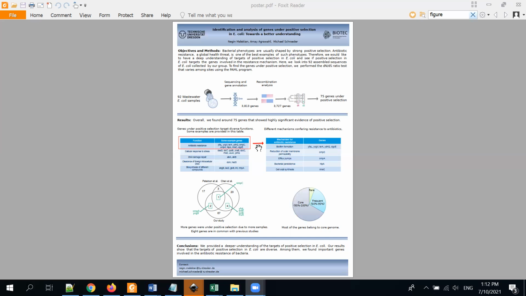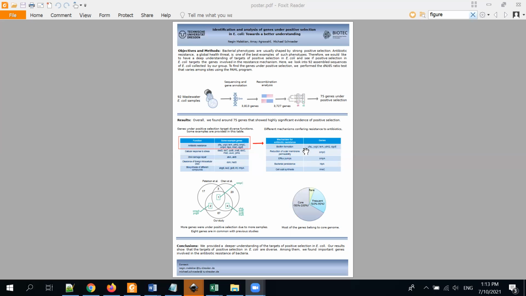So, to zoom in more on the antibiotic resistance mechanism and the genes with high evidence of positive selection that are involved in this mechanism, we provided you with another table. In this table, you can see how exactly the genes that are involved in antibiotic resistance confer resistance to bacteria.